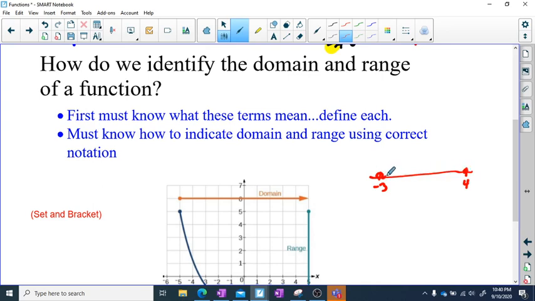And then I wanted every single number in between them to be included.